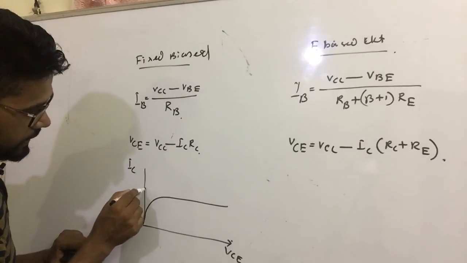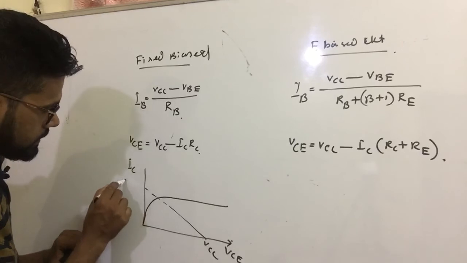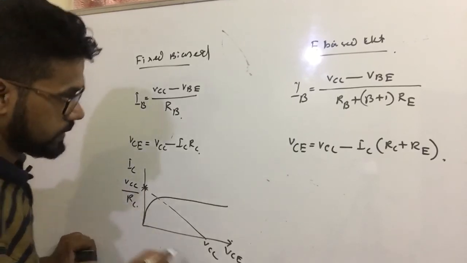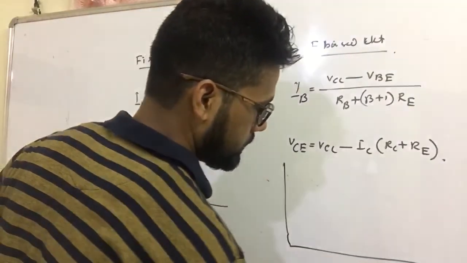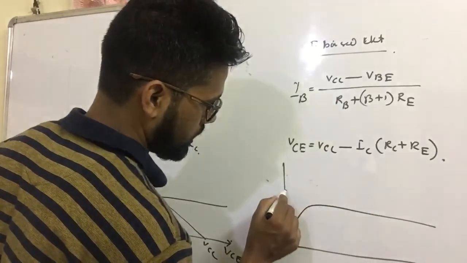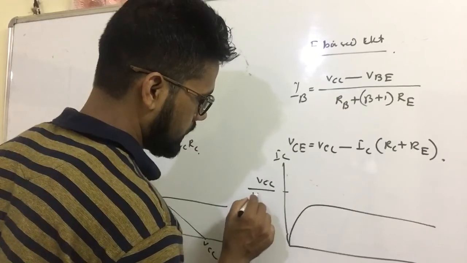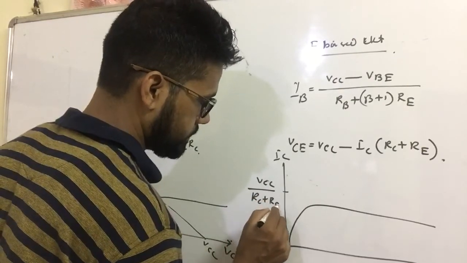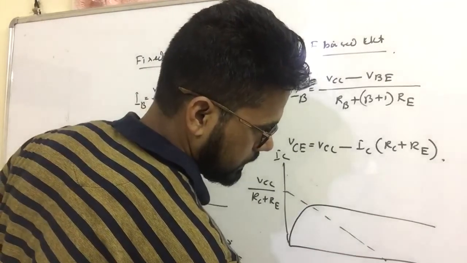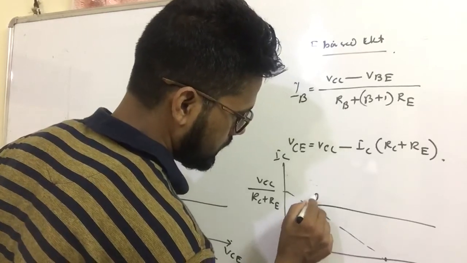Suppose this is VCC, this point is VCC divided by RC. Here if I draw a characteristic curve like that, suppose this is IC, this is VCC divided by RC plus RE, and this is VCE, this is VCC, okay, this is the Q point.